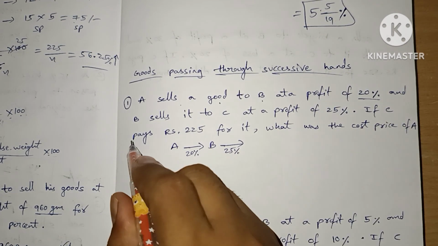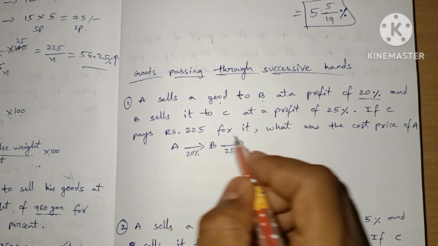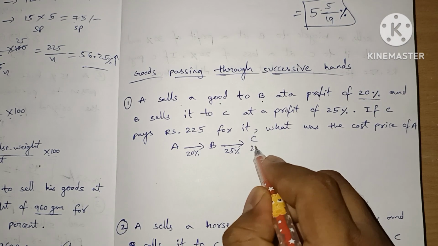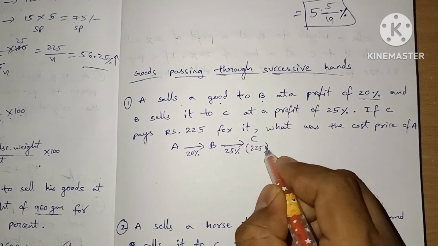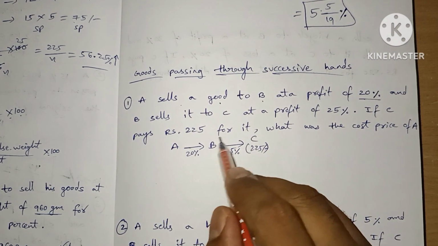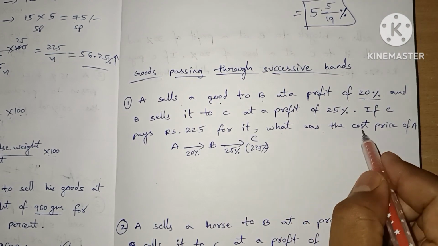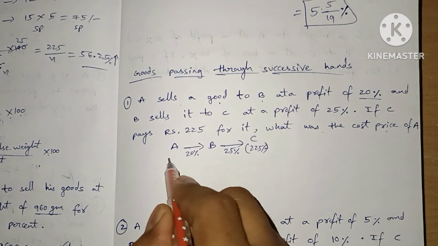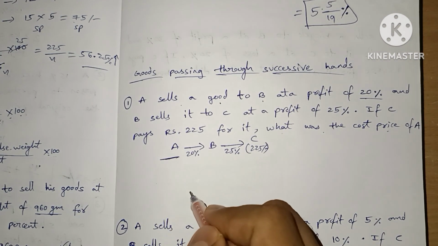If C pays 225 rupees, the question asked is, what was the cost price of A? So we need to find the value of A.